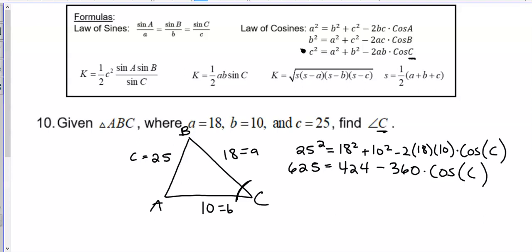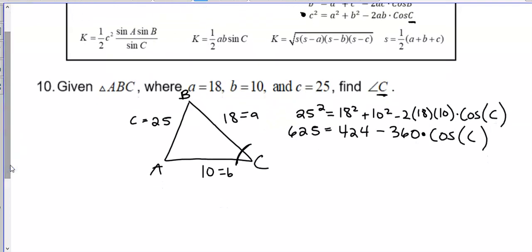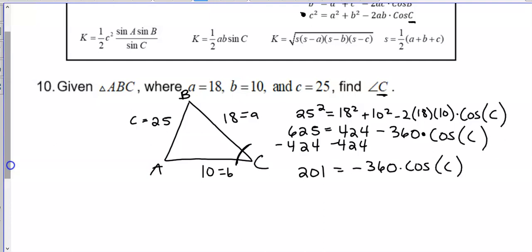No. That negative 360 is being multiplied by cosine of C. So do not mess with that just yet. Your next step is to just subtract the 424 from both sides. So 625 minus 424 is 201. And that's equal to negative 360 times cosine of C.